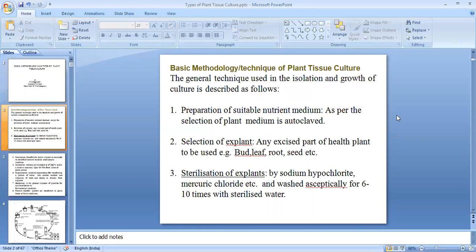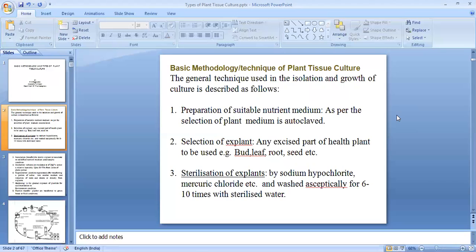So the basic methodology of the plant tissue culture includes the following steps in the process. The first one is the preparation of the suitable nutrient medium as per the selection of the plant. The medium is autoclaved. In one of our presentations, we have seen about the media preparations and the substances required for the medium.